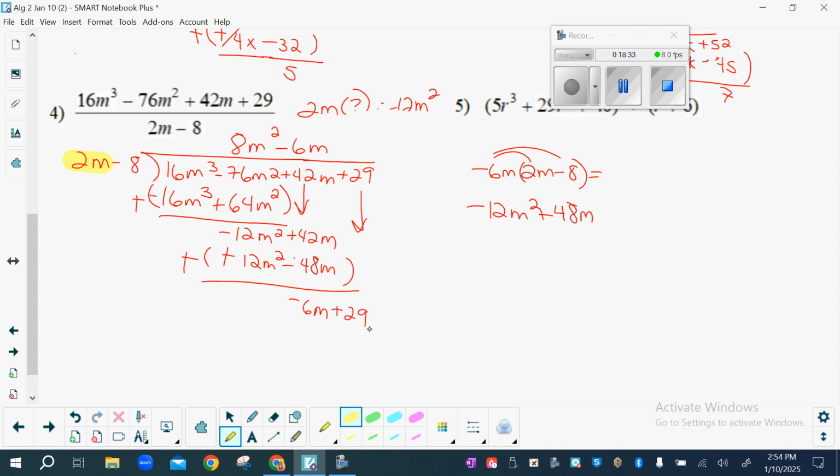What is it that we multiply this group here? What do we multiply 2m by to get negative 6m? Negative 3. Yep, negative 3. So we take our negative 3 times 2m minus 8, which gives us negative 6m plus 24.